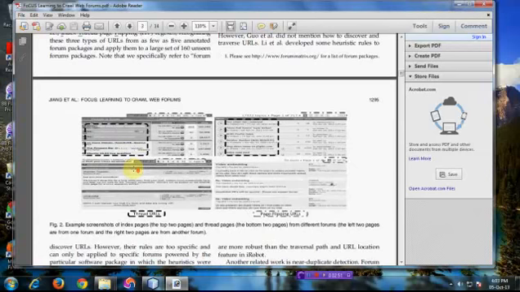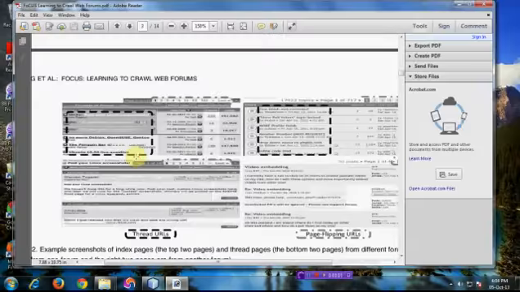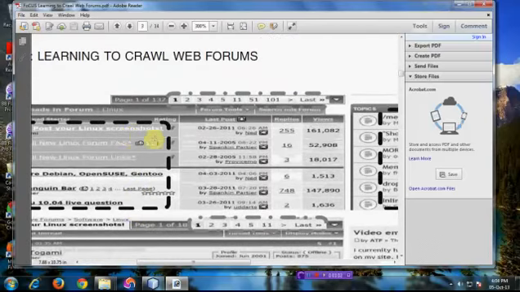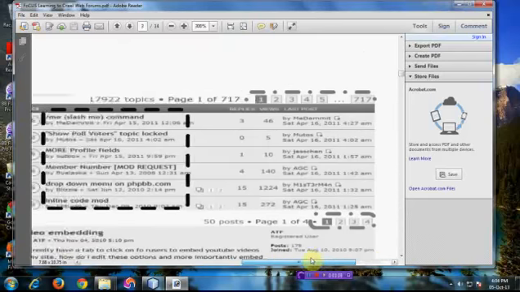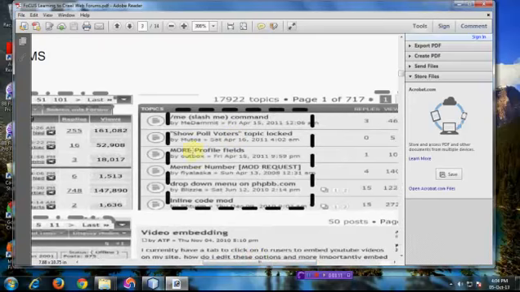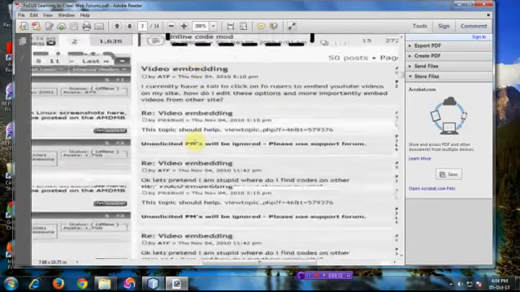Here it is clearly shown in the screenshot-based retrieval of the thread forum level. So look here. Here we are searching Linux-based forums. This is our entry, this is the thread pages, that is the topic level.